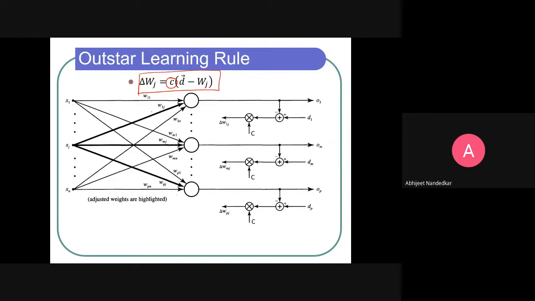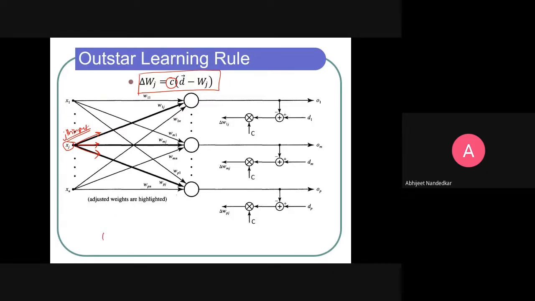Here Wj stands for the weight associated with the jth input, not neuron. So the weights associated with this jth input node are going to different neurons. This is a different situation compared to the earlier one.